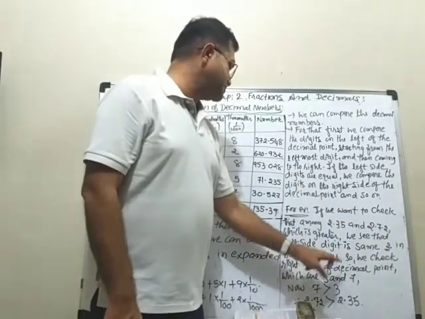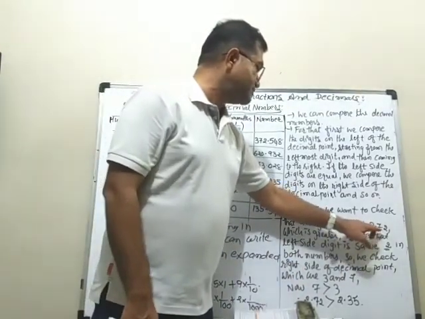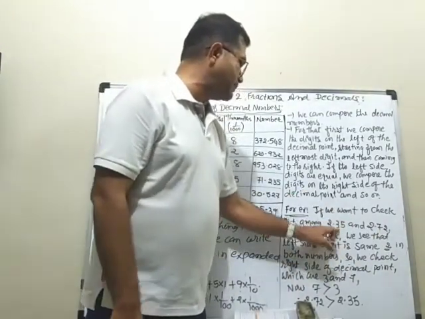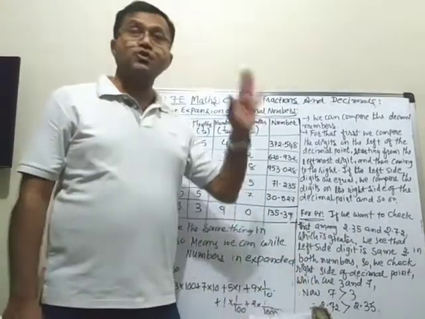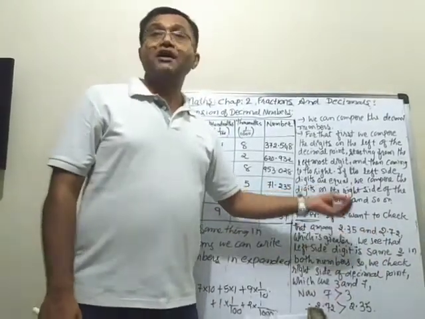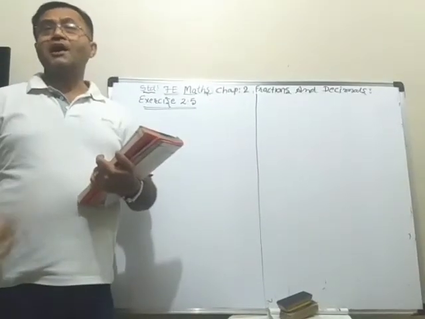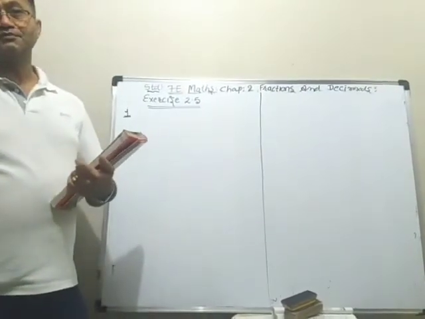Right? 7 is greater than 3. And therefore, what is 7 here in the number? 2.72, and the other number is 2.35. So we can write down 2.72 is greater than 2.35.